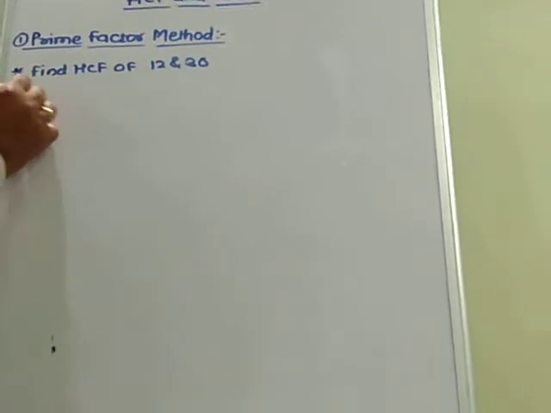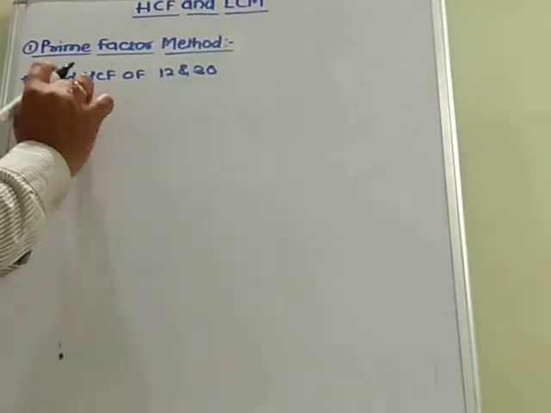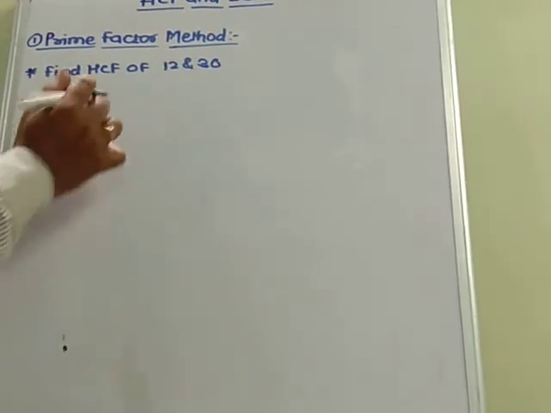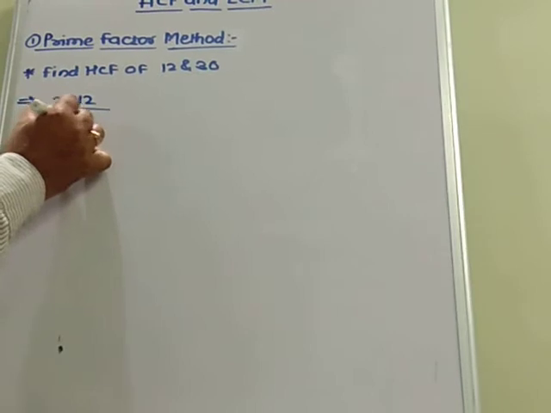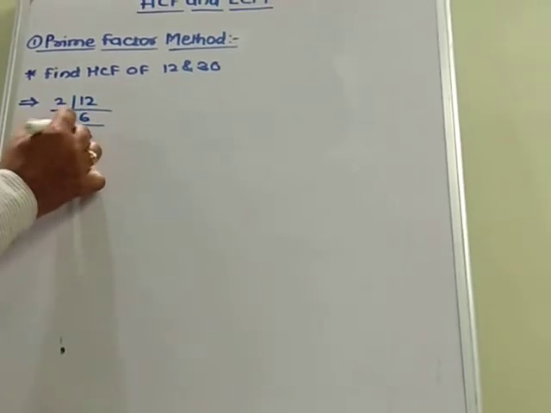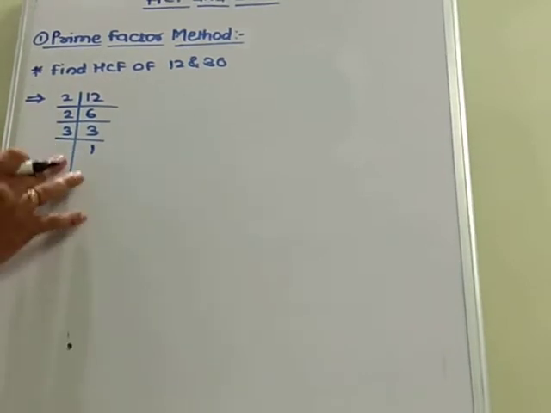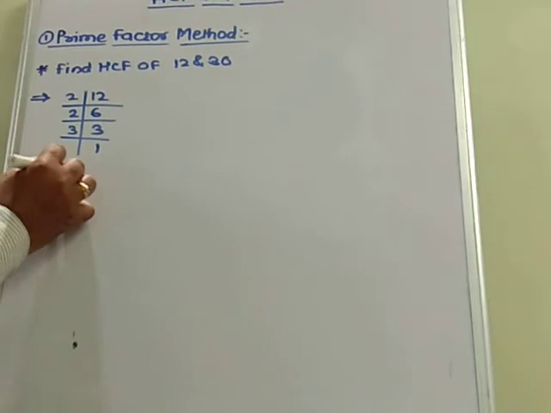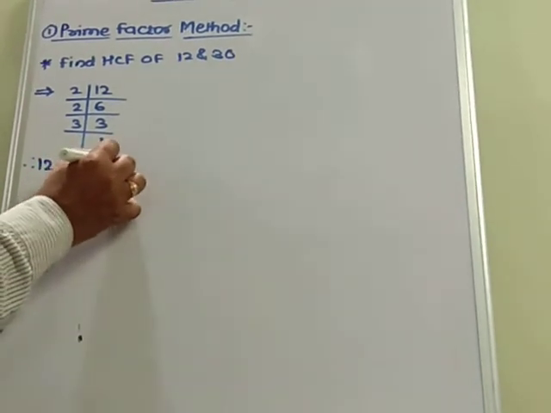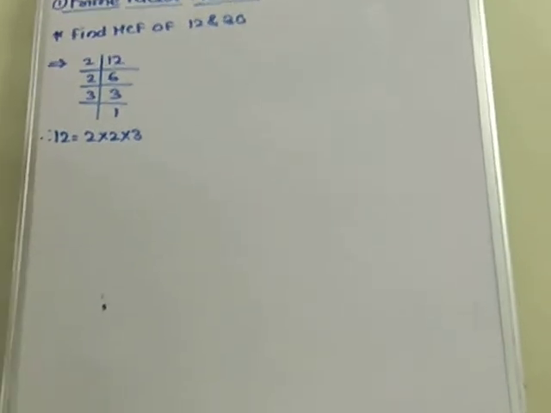Similarly we do here, prime factors of 12 by the vertical method: 2 6s are 12, 2 3s are 6, 3 1s are 3. So the prime factors of 12 are 2, 2 and 3. Okay, is it clear to you?